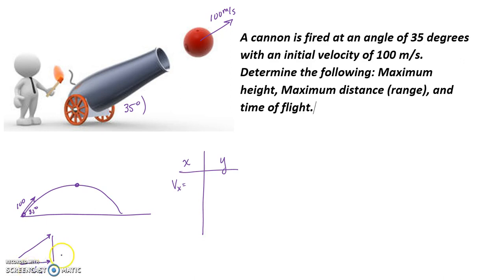This is my x, this is my y, and that's my v, and this is my angle of 35 degrees. If I want to figure out the x piece, it is adjacent to my angle, so I'm going to be using cosine. So cosine of 35 degrees equals Vx over V.